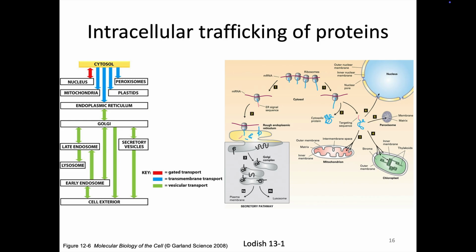That's what's happening at the rough ER. That's why you sometimes have some translation happening at the rough ER, some ribosomes on the ER, because they're like, I found an mRNA that needs to make a protein that needs to be secreted or transmembrane or whatever. So every transmembrane protein in your body has to get translated this way. Any secreted protein has to get translated this way.